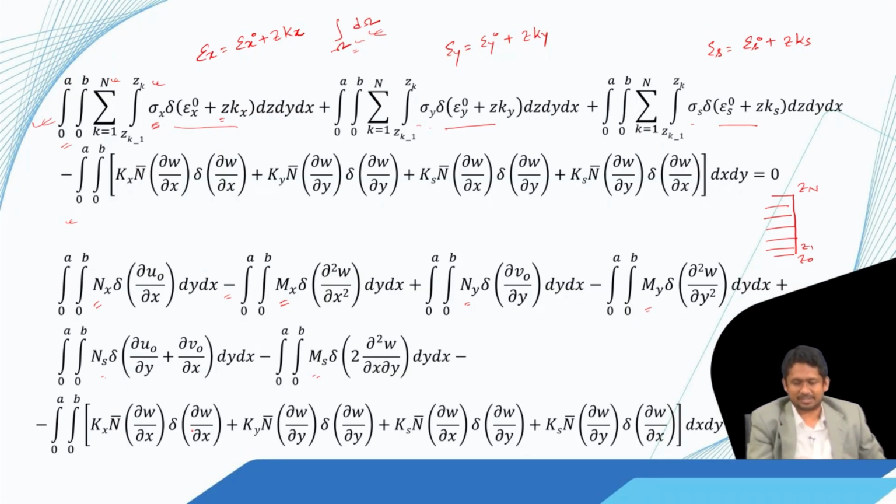Similarly, kappa s is minus 2 into del 2 w by del x del y, so we can see a negative sign here, and this term is written as it is.